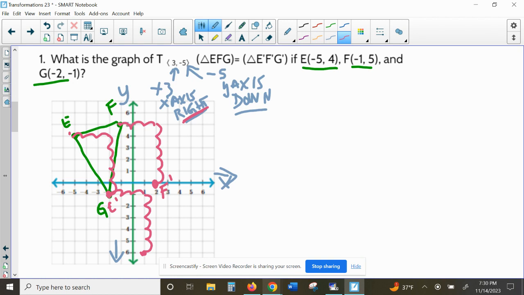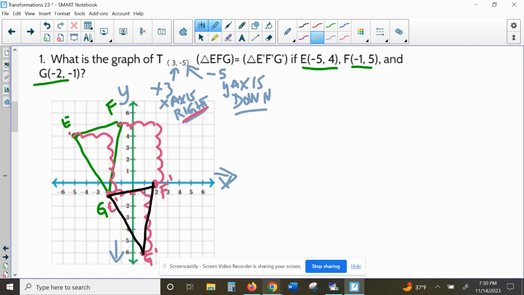And that's going to be my new G prime. So my shape ends up here. So you can see my black one and my green one. They are congruent. The orientation is the same. They just slid, right?